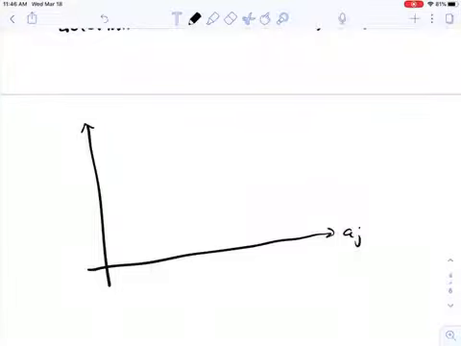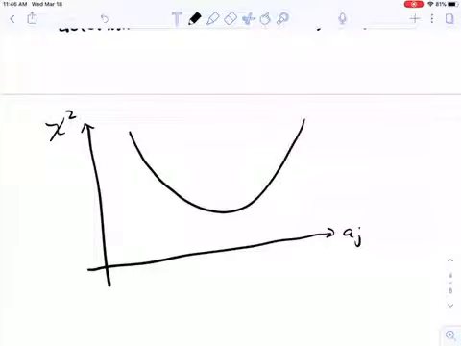Okay, so let's draw a big picture. A_j, chi squared, and so we're imagining this is quadratic in this region. And so we're going to pick 3 points, and maybe the 3 points are something like this, okay? And what we'll do is we'll call this point A1, and this is chi1 squared.